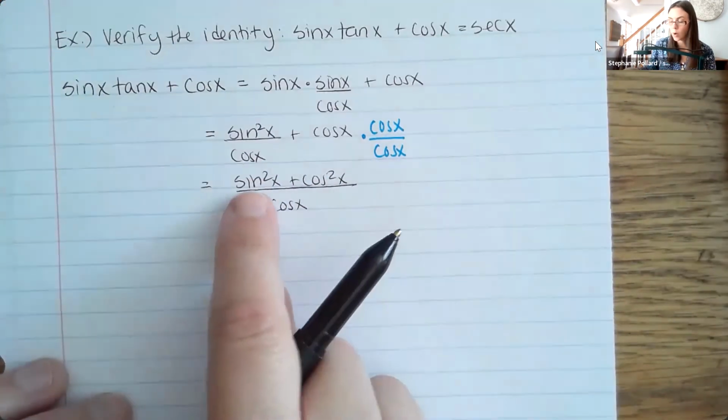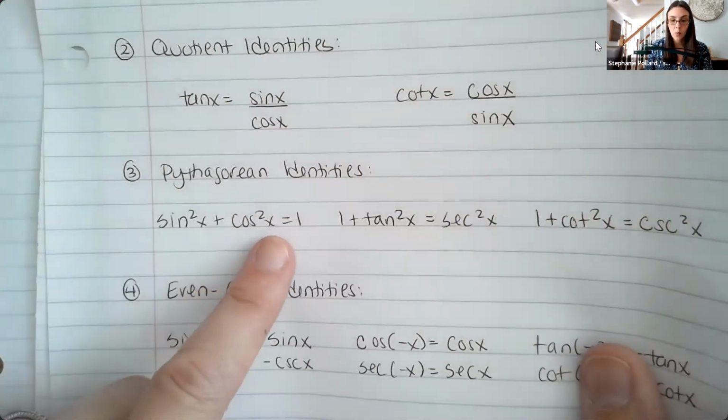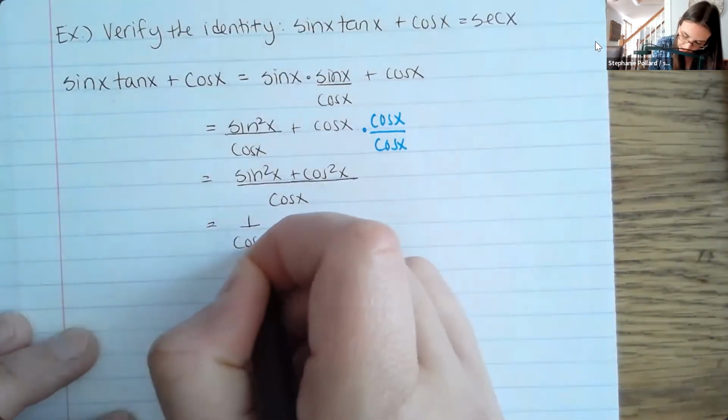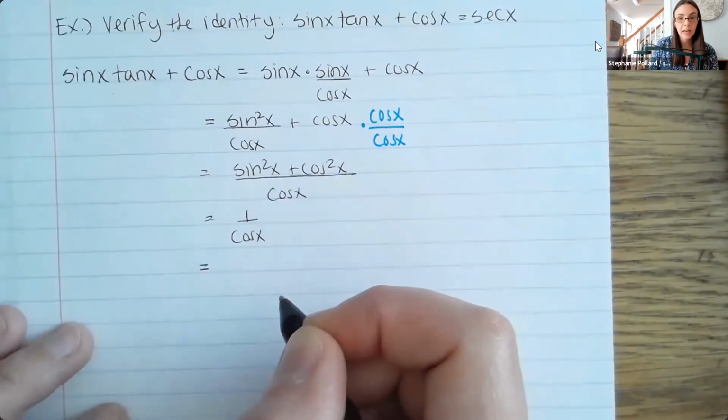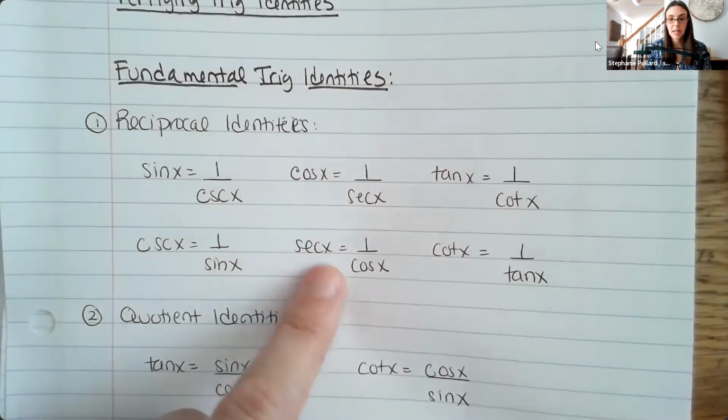Well, sine squared plus cosine squared, that's one of our Pythagorean identities, and I know that value becomes 1. So this gives me 1 over cosine x. But 1 over cosine x is actually secant.